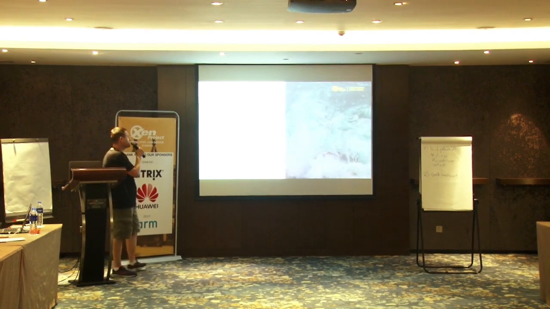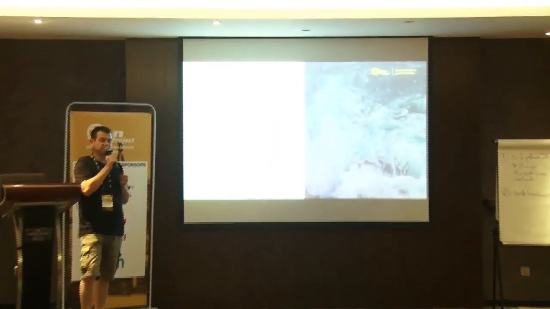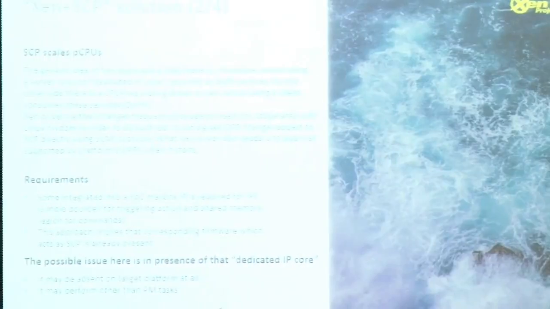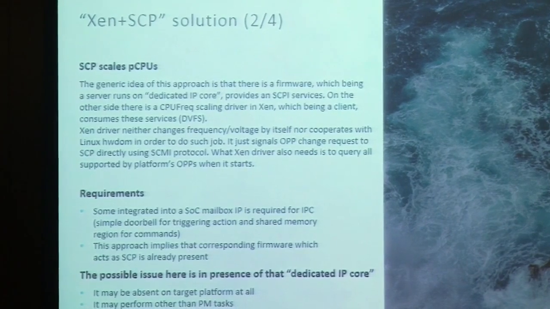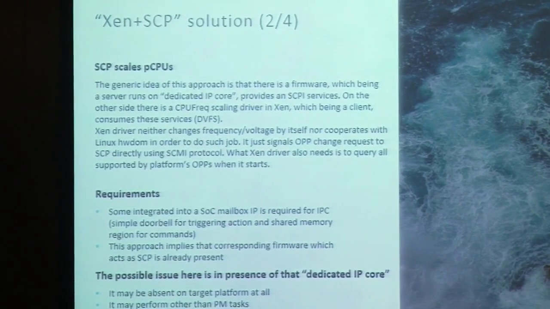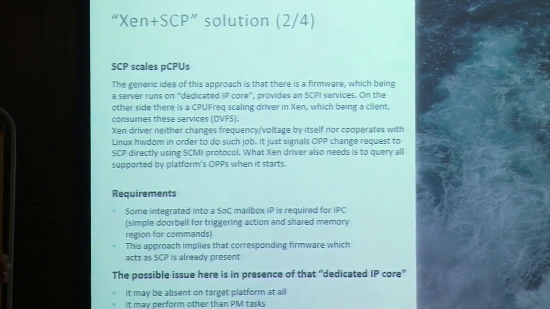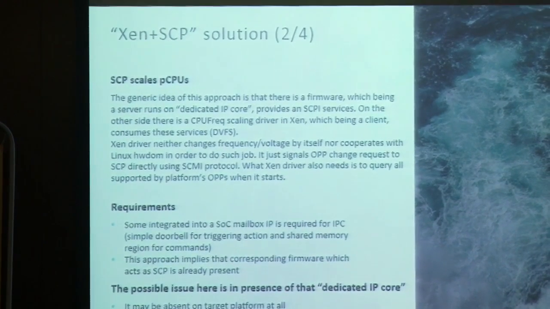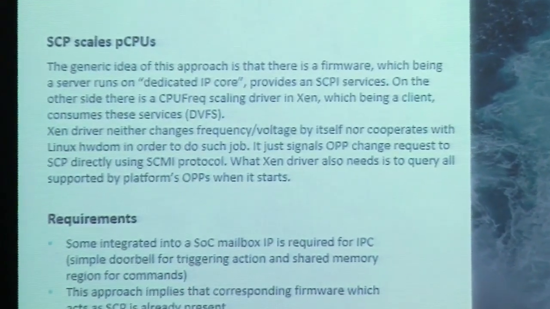So the SCP scales the CPUs. The generic idea of this approach is that there is some firmware which, being a server, runs on a dedicated IP core and provides SCMI services. On the other side, there is a scaling driver in Xen, which, being a client, consumes these services.